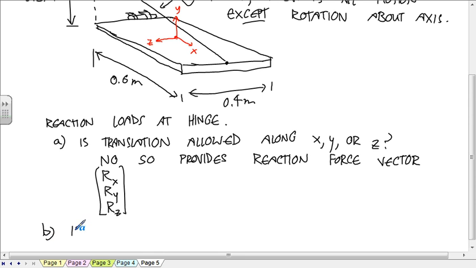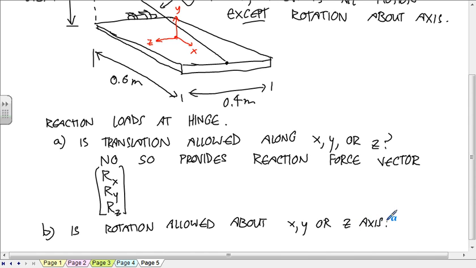So is rotation allowed about the x, y, or z axis?